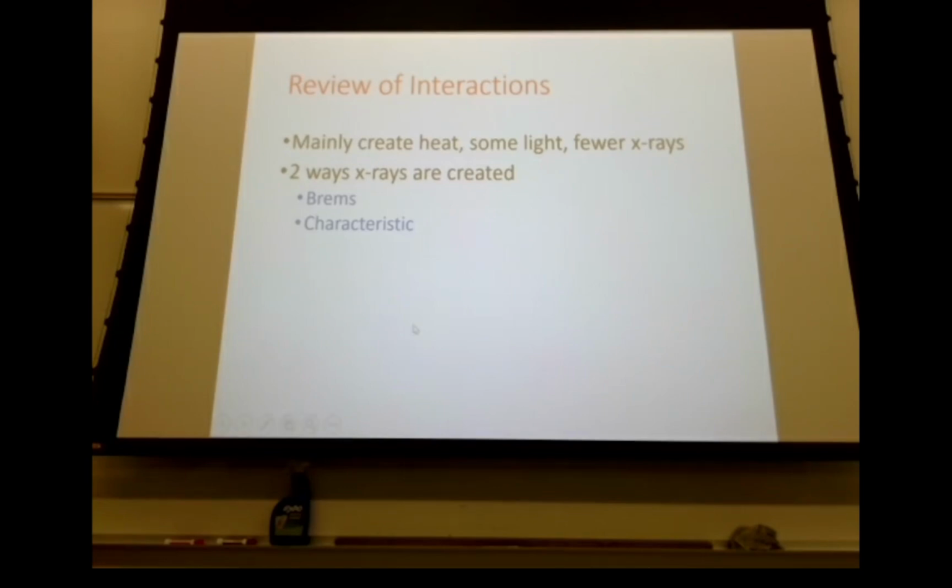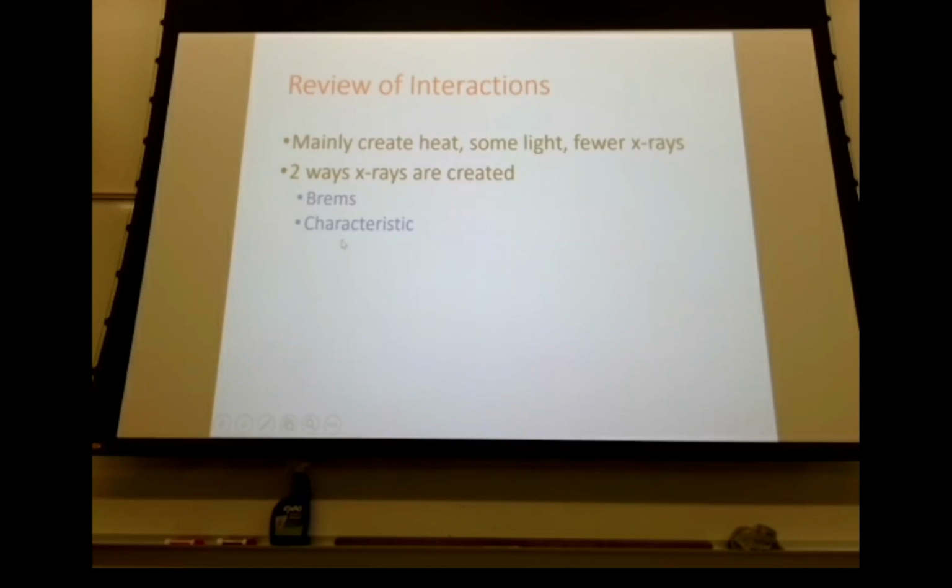So our X-ray photon would be 50, exactly. The characteristic is where we have interaction of the electron with the electron. We get ejection from the inner shell, and we get a replacement electron. And again, the energy of the X-ray photon that's created is going to be the difference between the binding energies of those two electrons. So if we get ejection of an inner shell electron and a replacement with a free-floating electron, then we get a characteristic maximum of 69 keV.